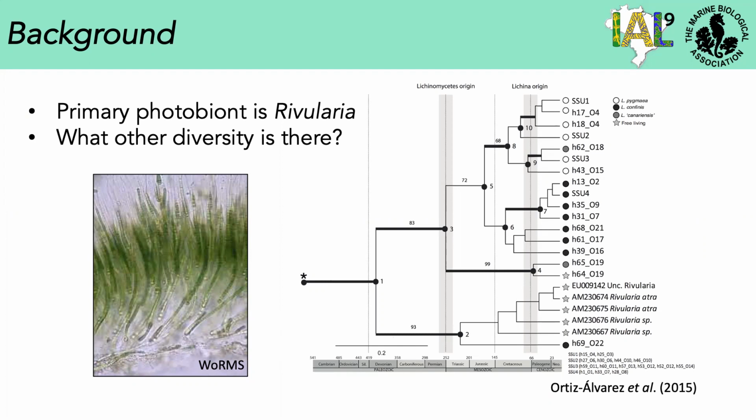But we were interested in using a different community-based approach to see if there was any way we could determine any finer scale community structuring within the thallus. And on top of this, we were also interested in looking at the diversity of eukaryote algae associating with Lichina pygmaea, since these lichens are usually found growing alongside numerous seaweeds on the rocky shore.